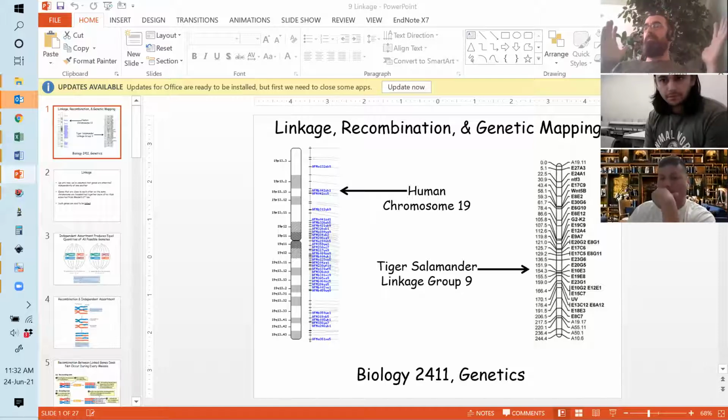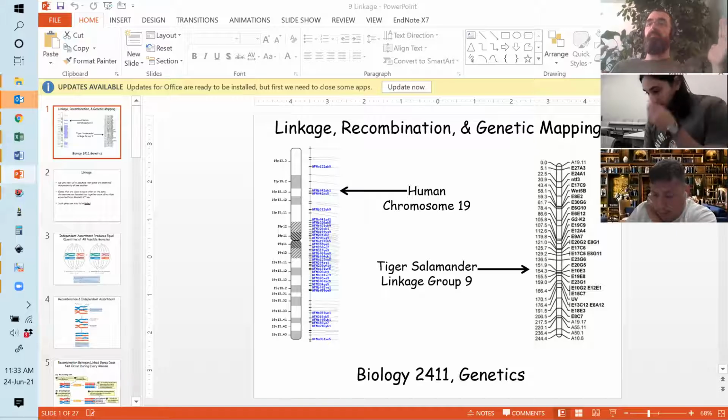What if they're 50 times apart? 50%. You know, that's what matters. So the probability of recombination is exactly proportional to how far apart those 2 points are. The closer they are, the lower the probability. The further they are, the higher the probability.